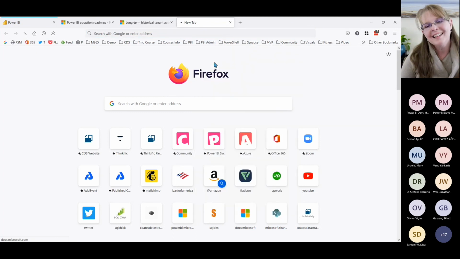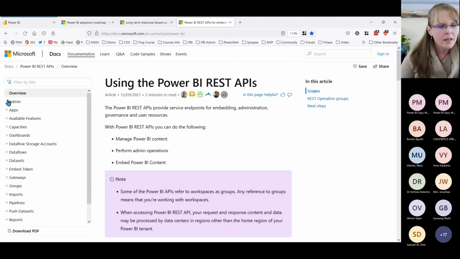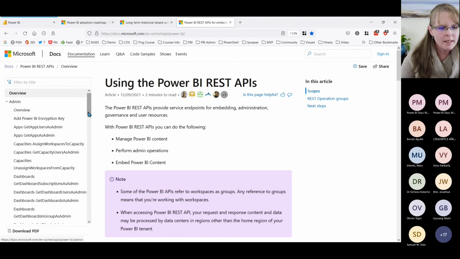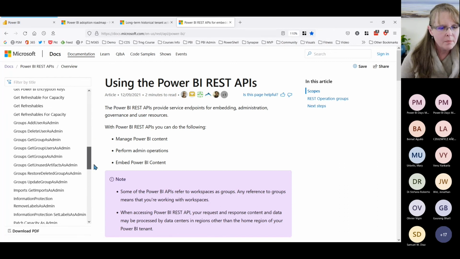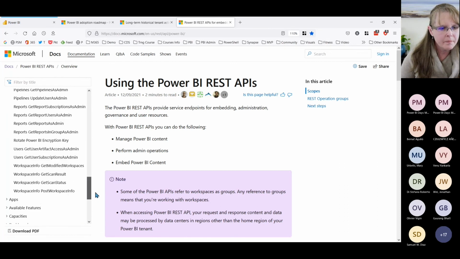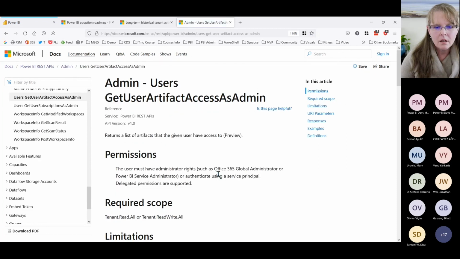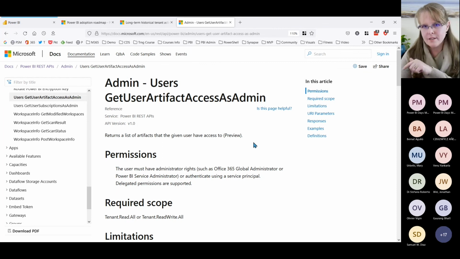Well, yes. There is a relatively new API that returns, if you're looking for a specific user, everything that user has access to.